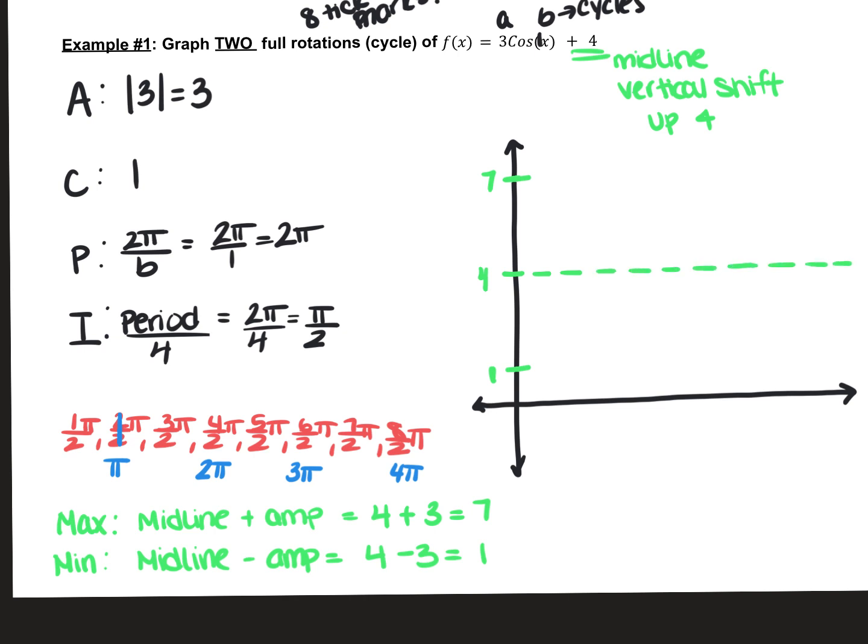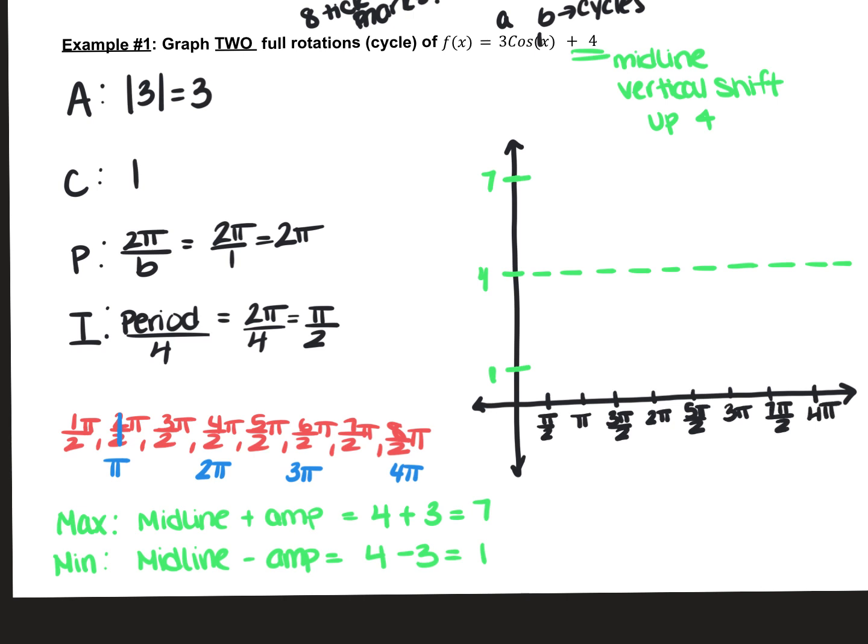Now let's set up our x-axis with these values: pi over 2, pi, 3 pi over 2, 2 pi, 5 pi over 2, 3 pi, 7 pi over 2, and 4 pi.